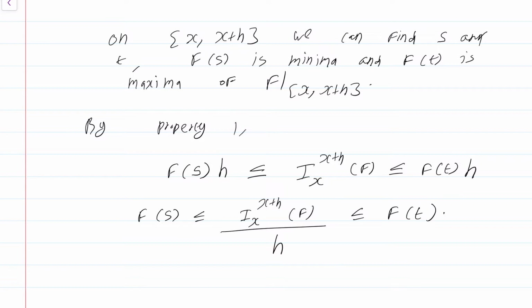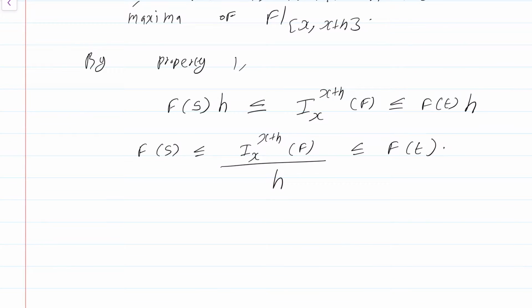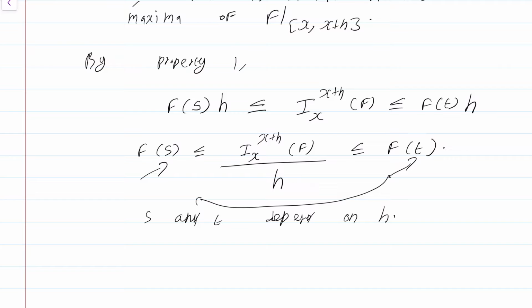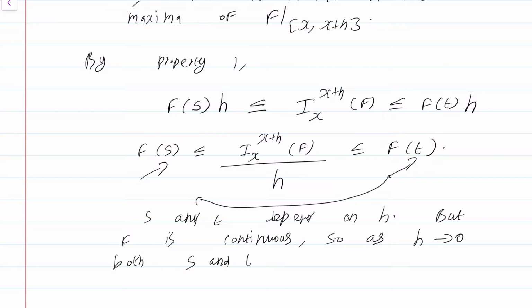Now note that you might be deceived into thinking that this s and t are constant, but technically s and t depend on h. But f is continuous. So as h goes to 0, both s and t converge to the point x.